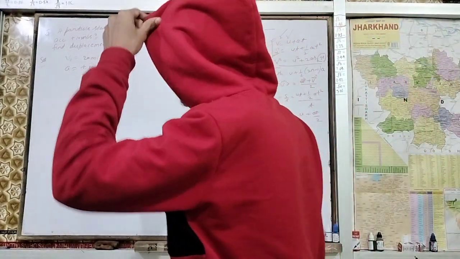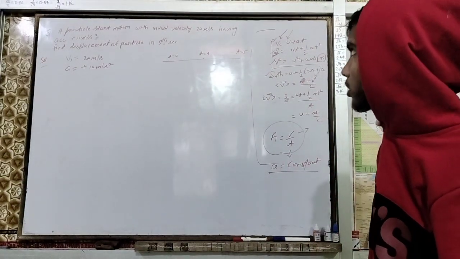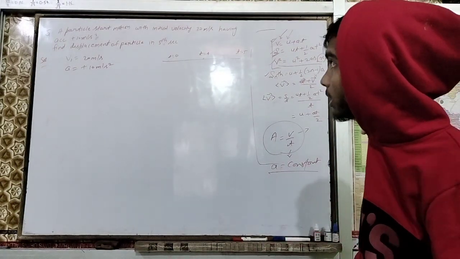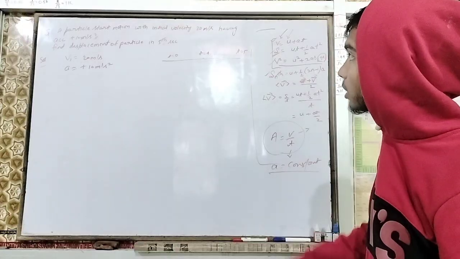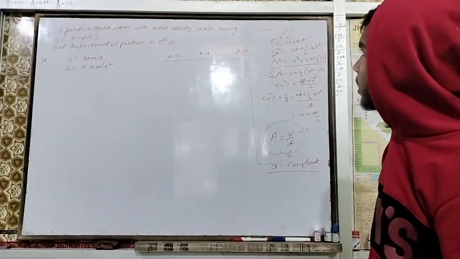Those two things are given. There is a particle starting motion with initial velocity of 20 meter per second, having acceleration of 10 meter per second squared.